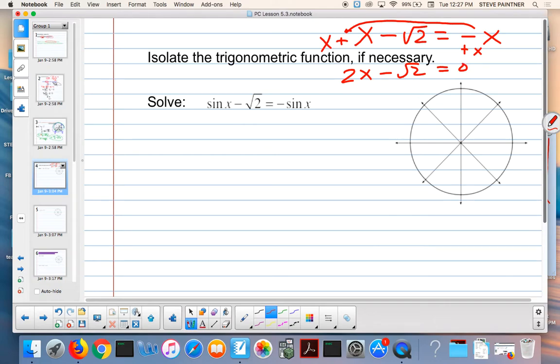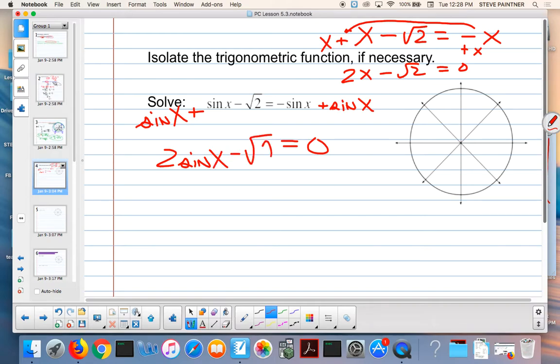Okay, well, it's the same thing. Get your sines on one side and your numbers on the other. That's kind of how you do it. First step is what? Add sine. Okay, let's add sine. So we're saying negative sine plus sine cancels out. That makes 0. Plus sine over here. Sine of x plus sine of x is what? 2 sine of x minus square root of 2.